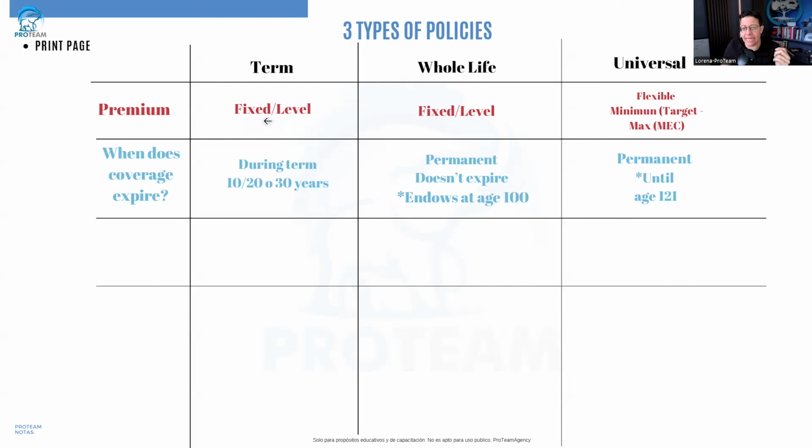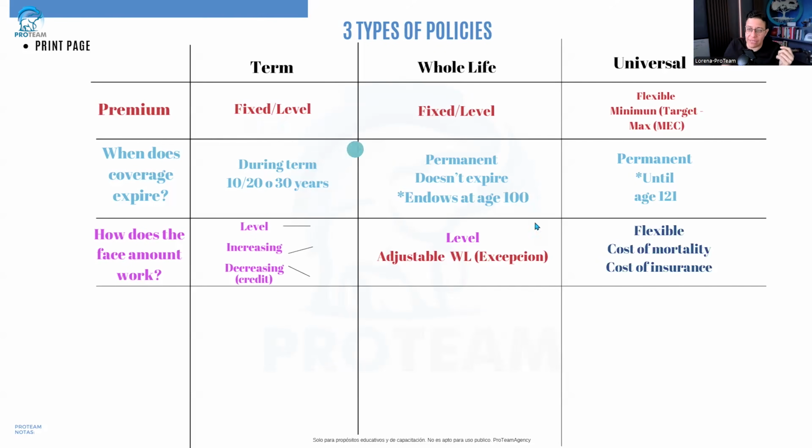Now, in the universal life policy, you're going to see this word flexible. And the difference between the adjustable in whole life and the flexible in universal is going to be super important. You may want to watch this part a couple of times. In the flexible policy, if I change the premium and if I change the coverage, they don't affect each other.